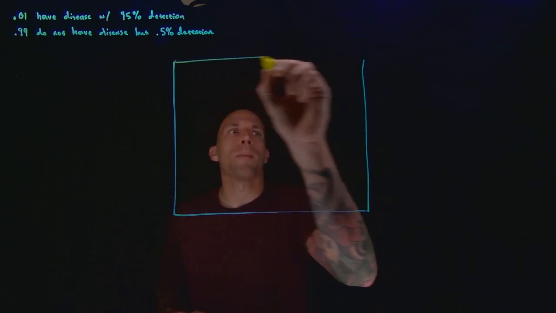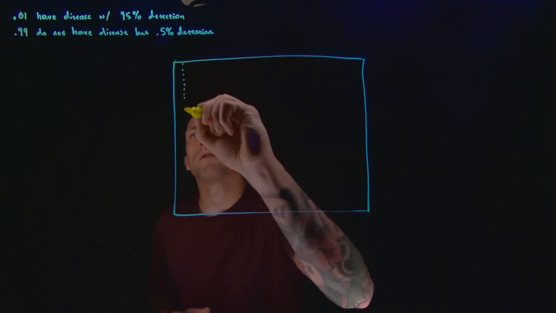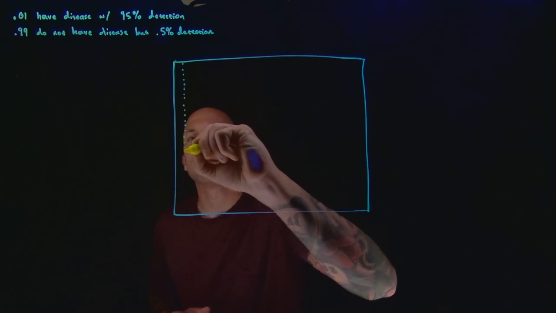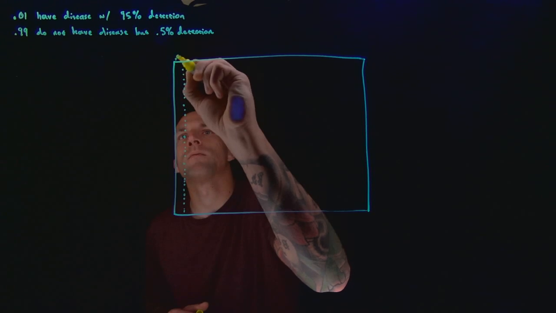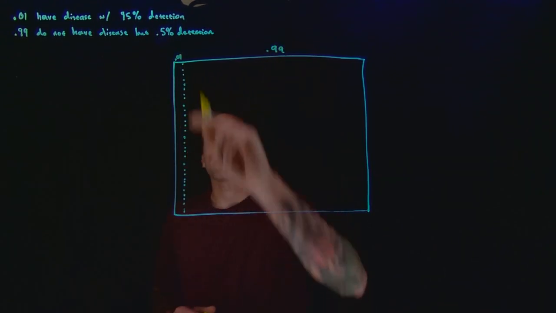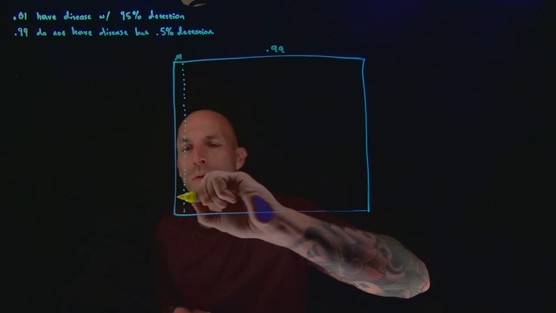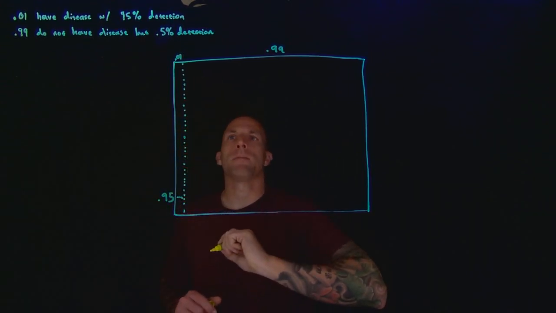Here's our entire population. And this narrow slice over here, 1% of the population actually has the disease. 99% do not have the disease. And our test is going to detect the disease 95% of the time.